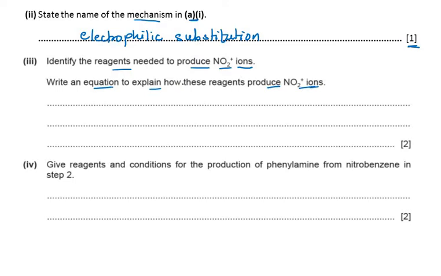Now, the reagents to produce nitronium ion are concentrated nitric acid and concentrated sulfuric acid. Now remember, you need to include the word concentrated for these reagents because it needs concentrated acids.